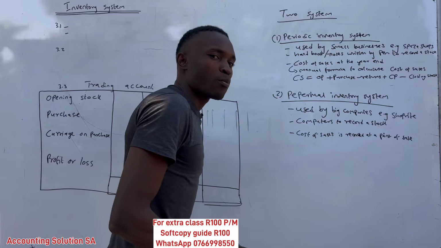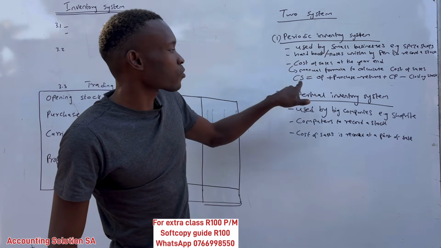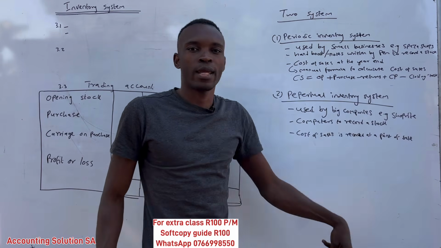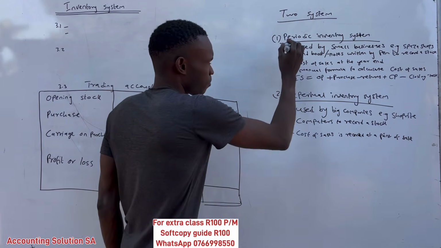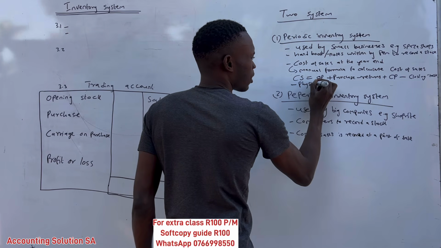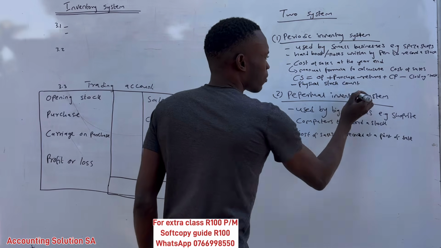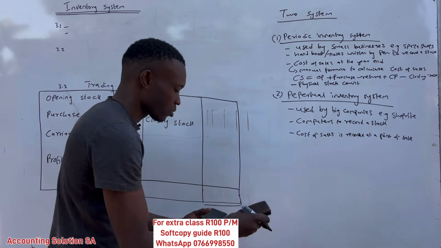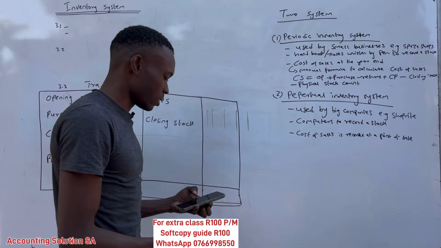So you see that at the point of sale under periodic, you cannot calculate cost of sales, because the formula requires closing stock, and for closing stock you have to wait for the year end to count how much stock you have. So under periodic, they do what we call a physical stock count. In other words, they count stock one by one, like 1, 2, 3, until everything is completed.